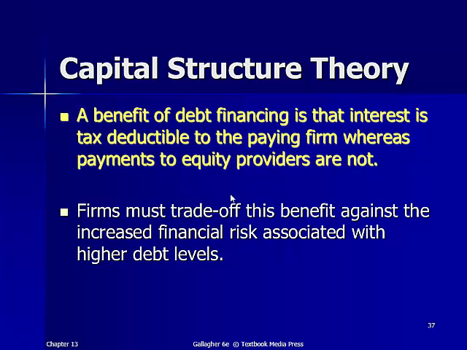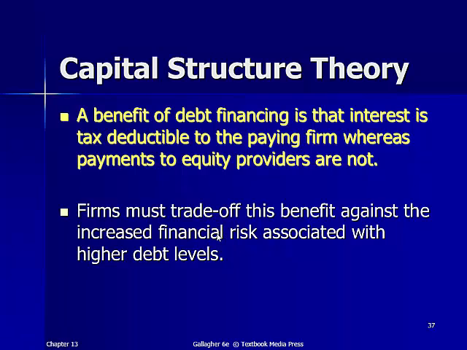So the fact that we have a certain benefit associated with debt, that is, it has a lower cost than equity, and it has a tax deduction that equity doesn't give us, means that we have to evaluate this benefit against the negative with debt, which is that the financial risk of the firm goes up every time you borrow more money.